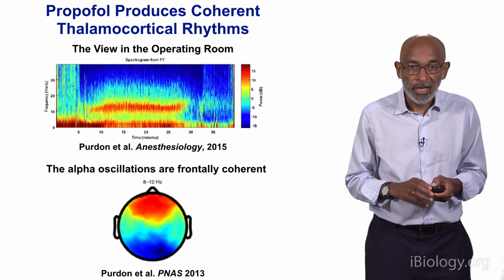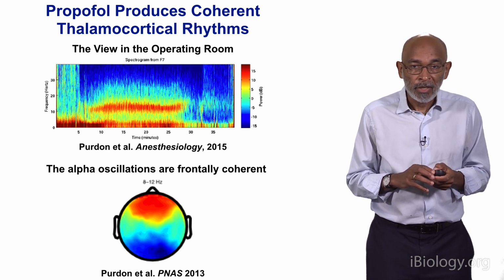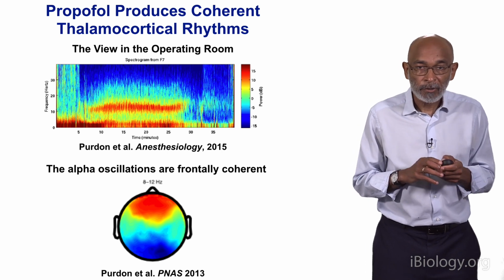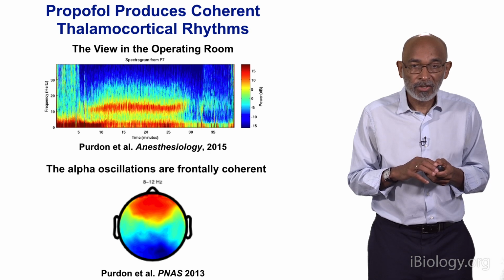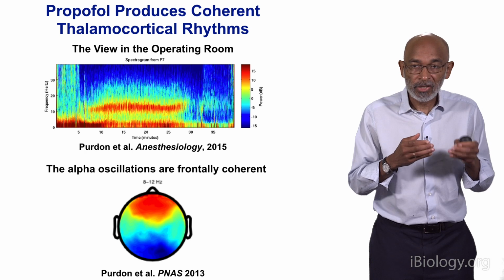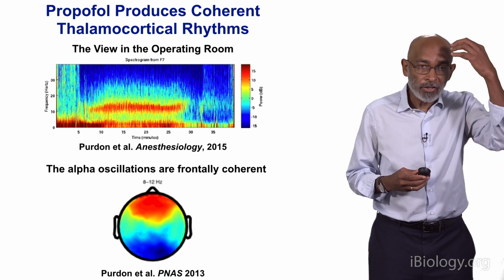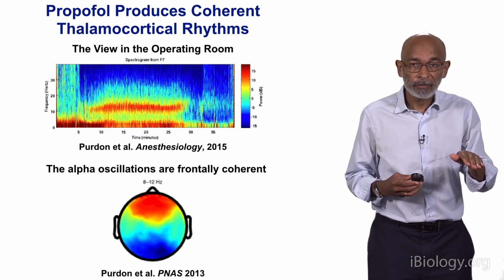So here's what we think is happening. So this was the alpha oscillation and the slow oscillation. And I wanted to put this up again because you see how the alpha oscillation and the slow oscillation are just as strong, they're just as red, so they're just as intense. The alpha oscillation is in the front of the head. It's coherent.